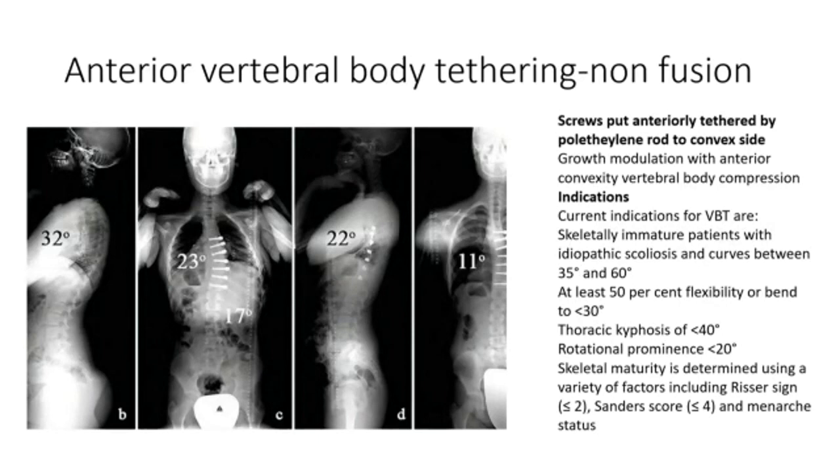These are anterior screws because when you have this anterior approach, either transpleural or retropleural, you put these screws from side to side to the vertebral body, and then they put like a polyethylene tube that connects these screws together, and then compress this convex side. So it's a kind of growth modulation with the convex side vertebral body compression, and then wait for skeletal maturity, and then remove your implants.